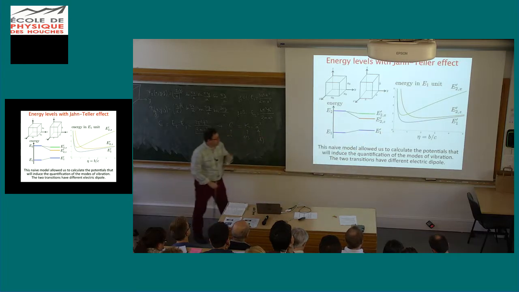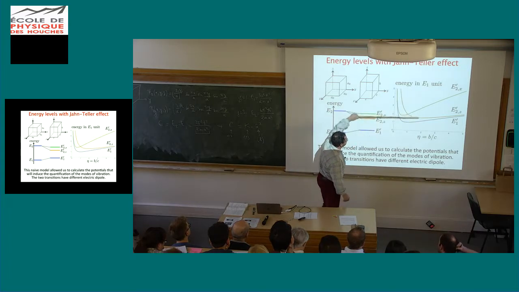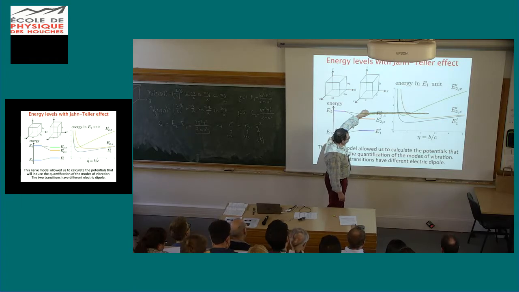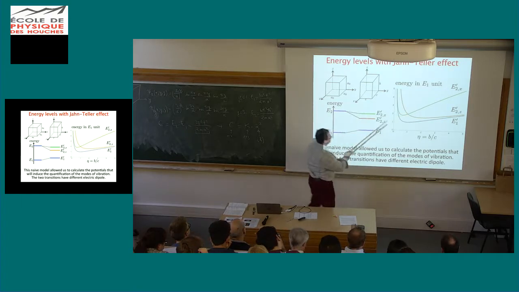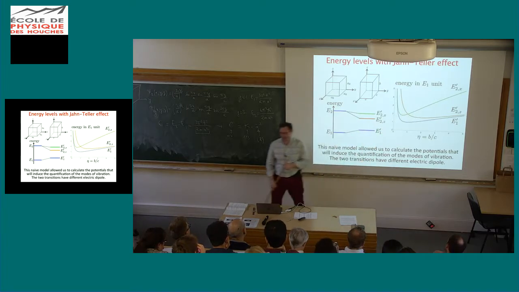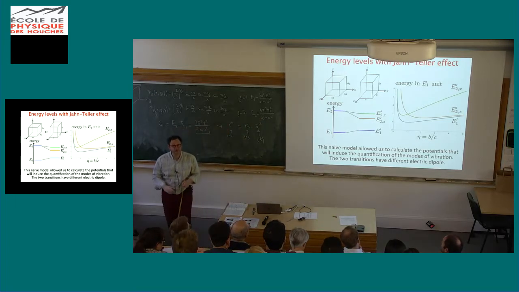If I look at the two other levels, the second level of the box would be here in E1 unit. So I see that for both these two levels, I have an energy which is slightly below the energy that I calculated in my cubic box.